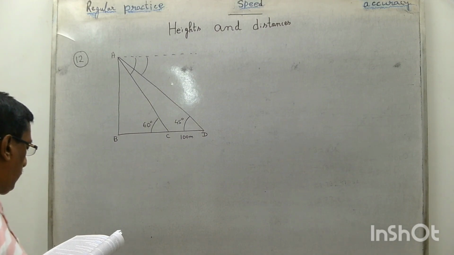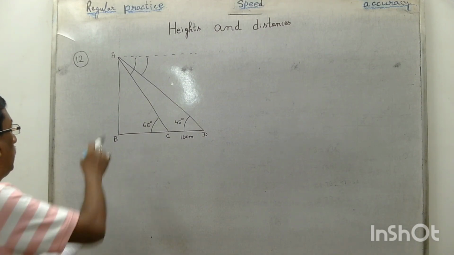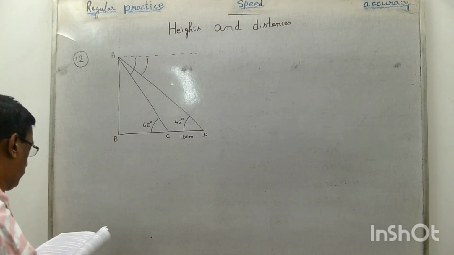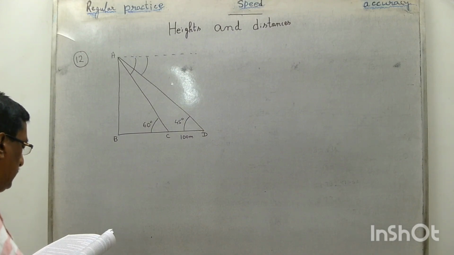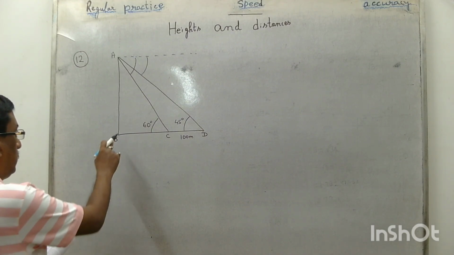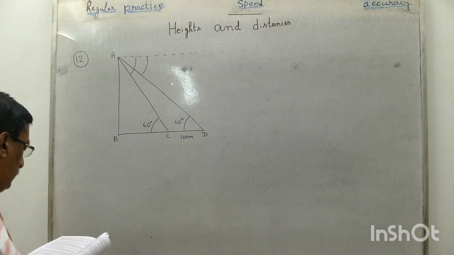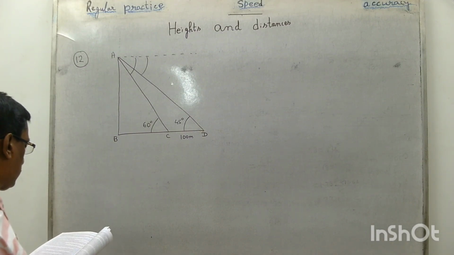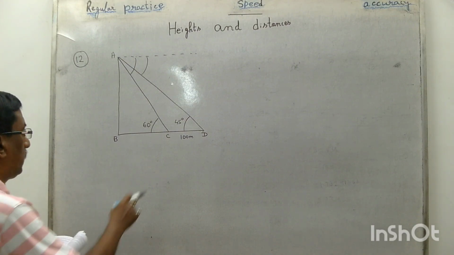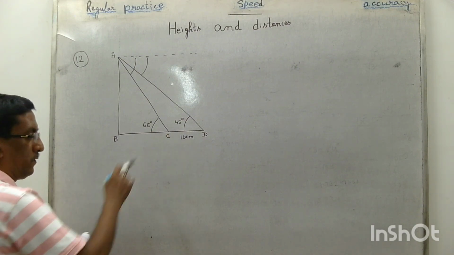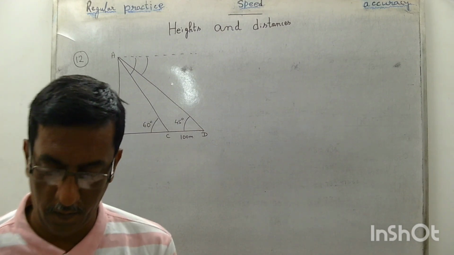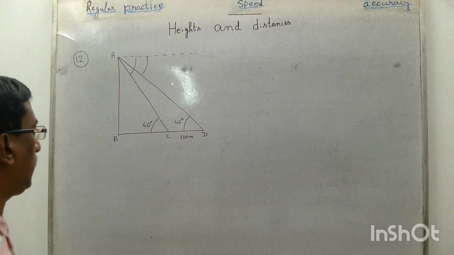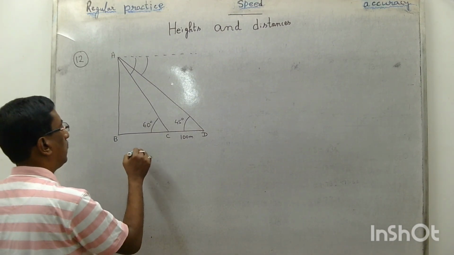Find the maximum height from which he falls. So AB, and the distance of the point where he falls, this one, on the ground from the nearest observation point, that is from C. So basically we have to find AB.